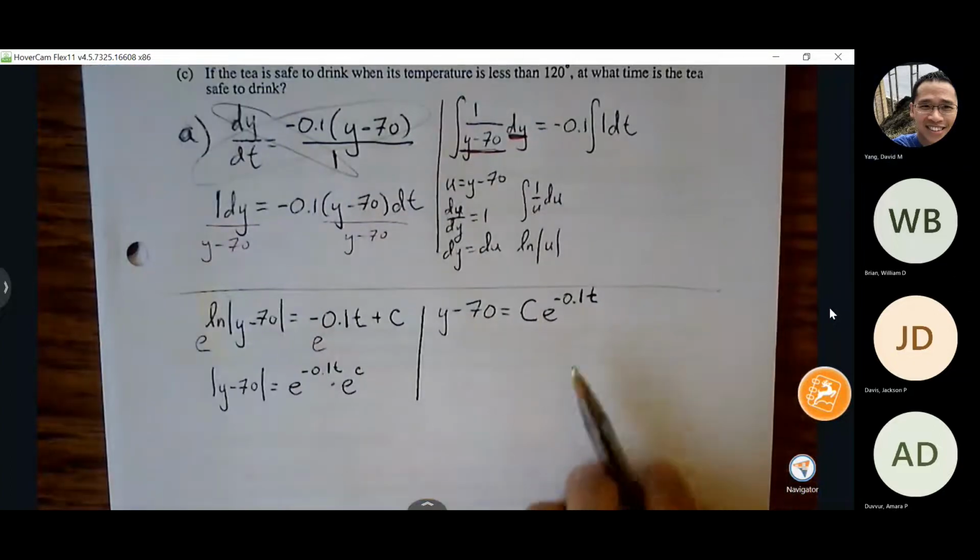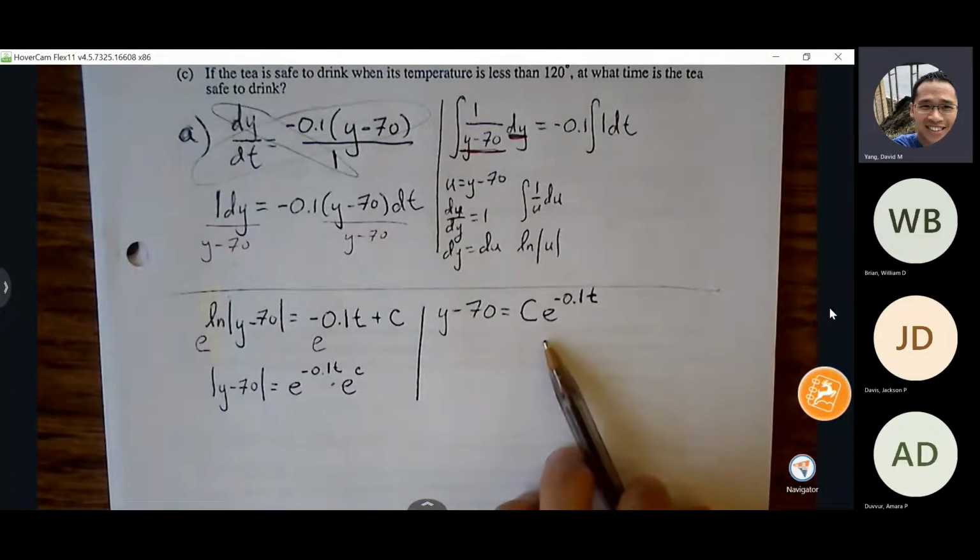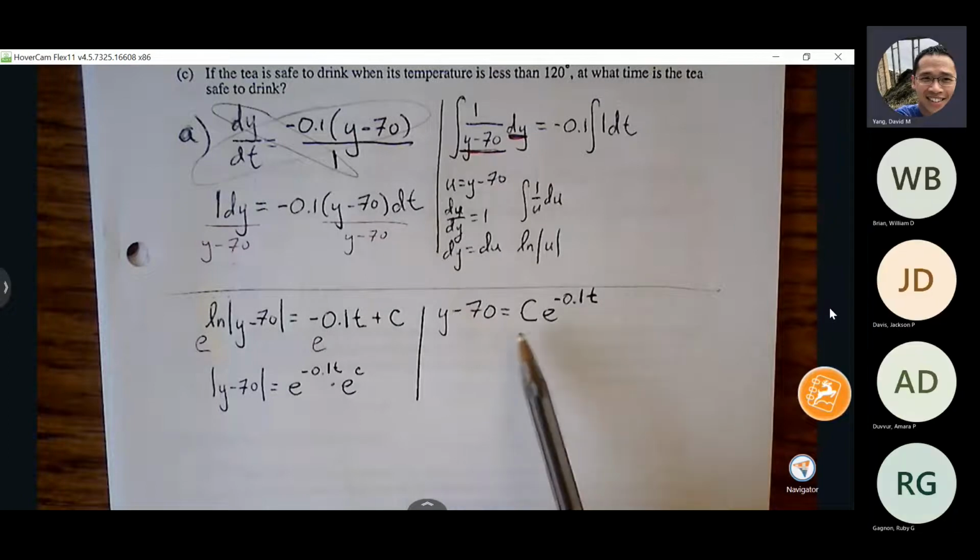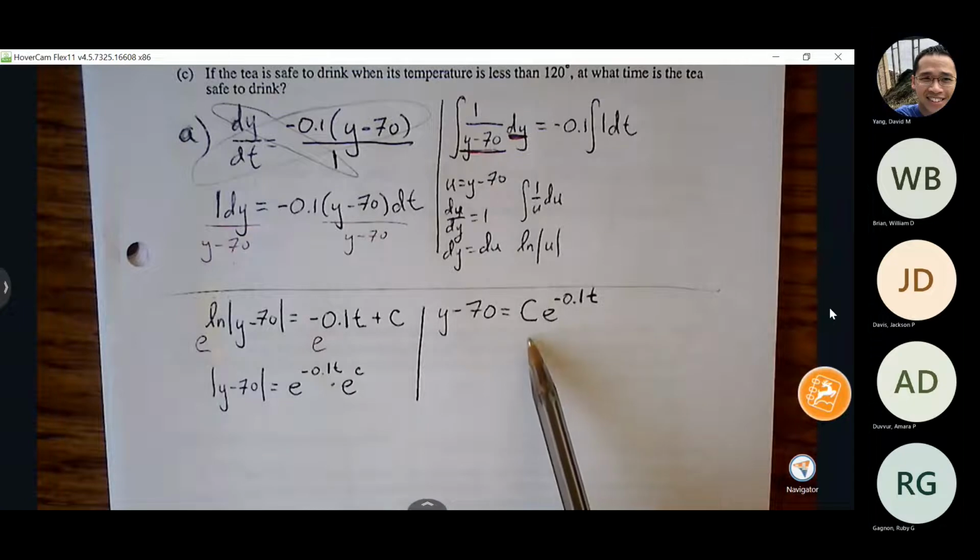Okay. All right, so now this feels a little bit cleaner without the natural log, and the right side is cleaned up a little bit nicer. And now I can just solve for c.